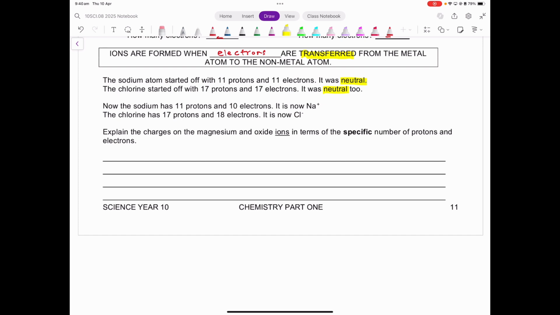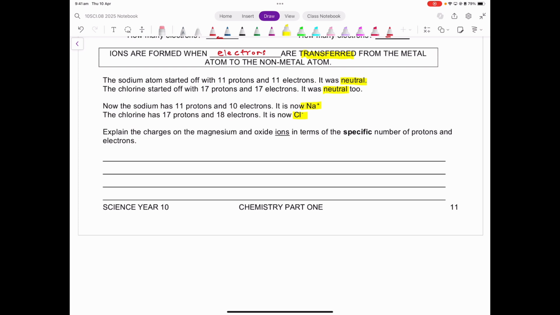Now, sodium has 11 protons, and because it had 1 in its valence shell, it loses 1 of its electrons, so it only has 10. It becomes Na+, meaning it has a +1 charge. Chlorine had 17 protons and 17 electrons, but it gained an extra electron, and so it becomes Cl-.